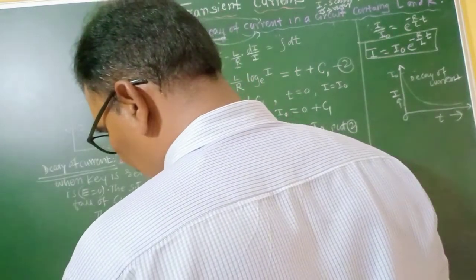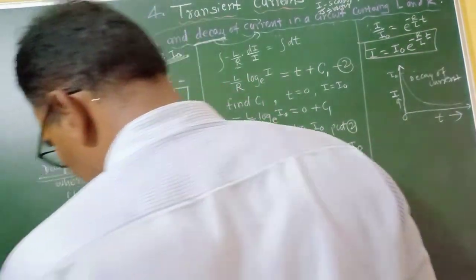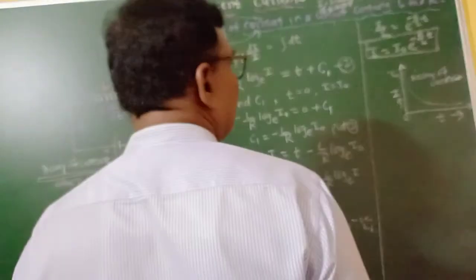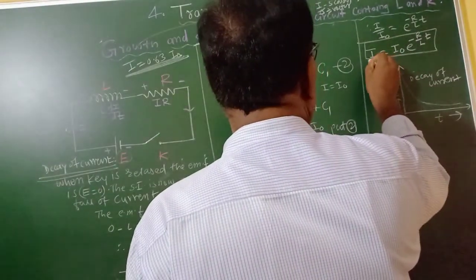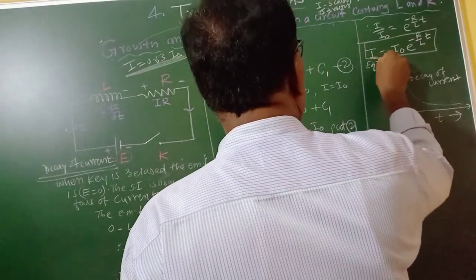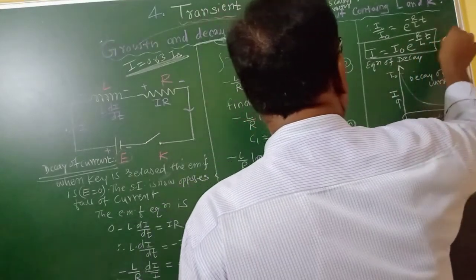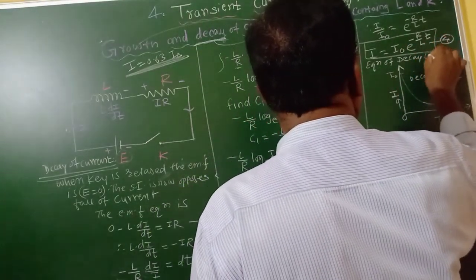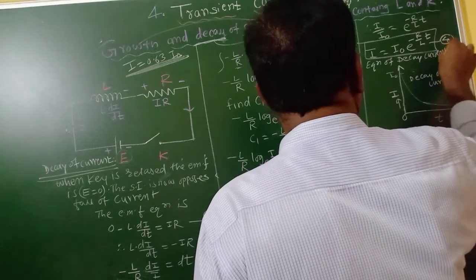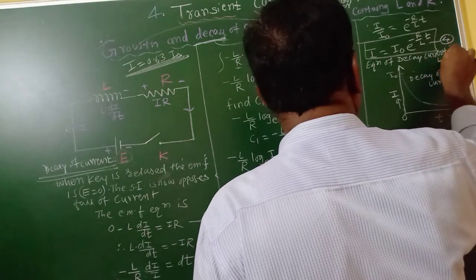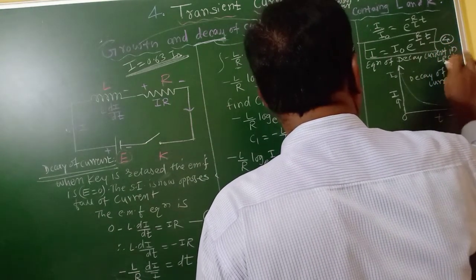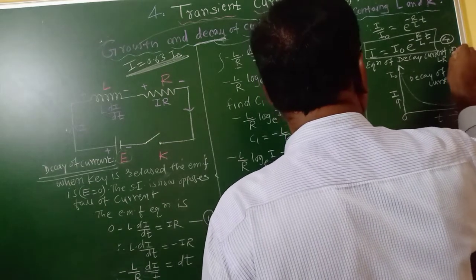This equation represents the equation of decay current in the LR circuit.